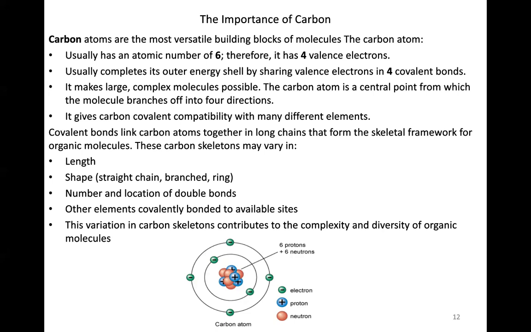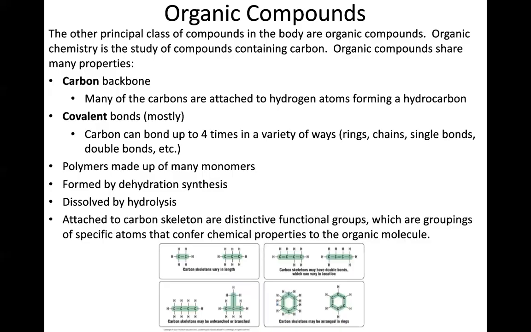Okay. Hydrogen, oxygen, and nitrogen are also very fond of bonding covalently, sharing electrons. And especially hydrogen and carbon get along really well. We'll see what we call hydrocarbons a lot here today. We've got carbons and hydrogens really intertwined.